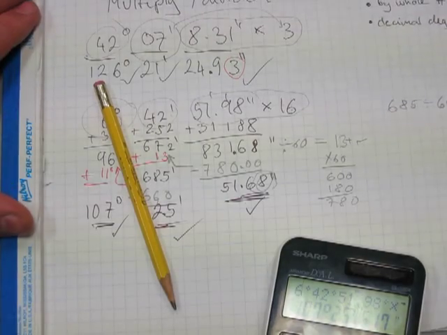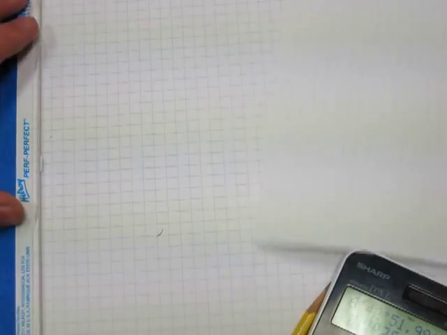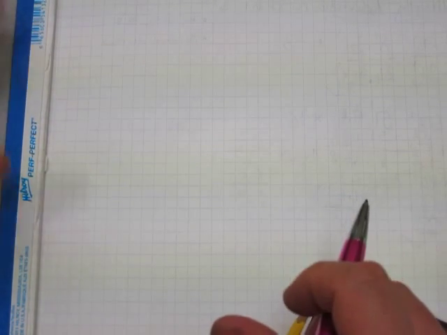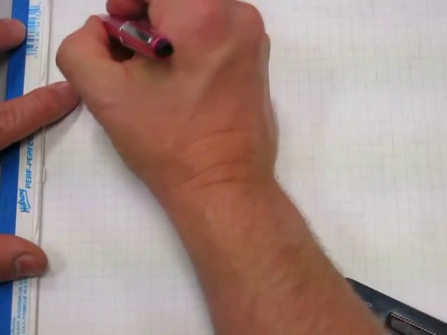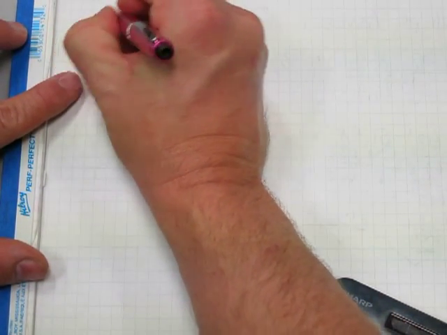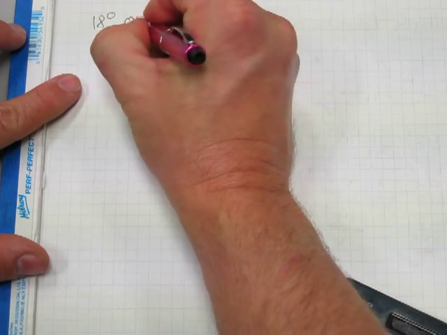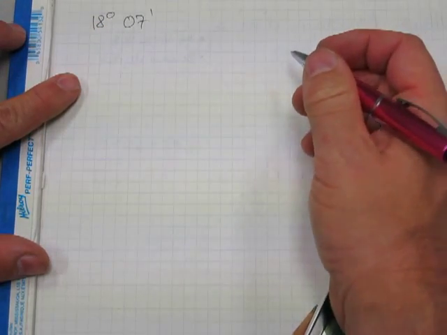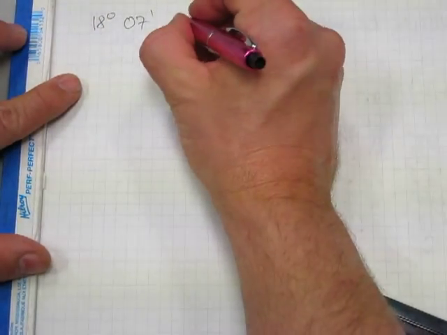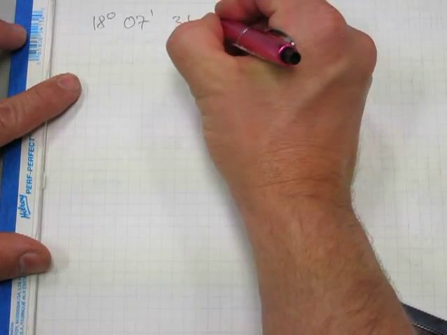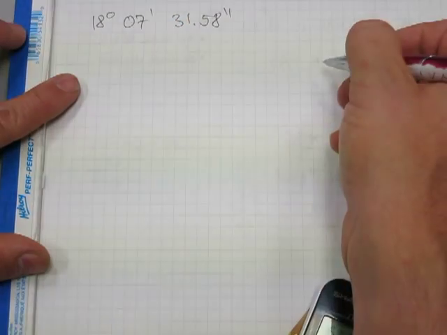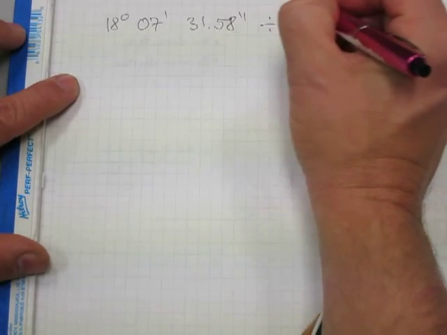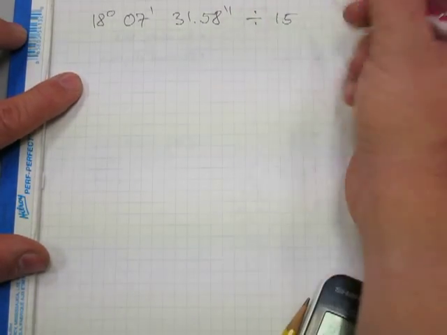Multiplication is done. Let's do division quickly. Let's get a number like 18 degrees 7 minutes and, I don't know, 31.58 seconds, and let's divide it into 15 parts.